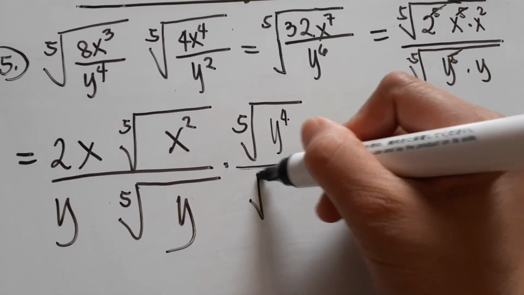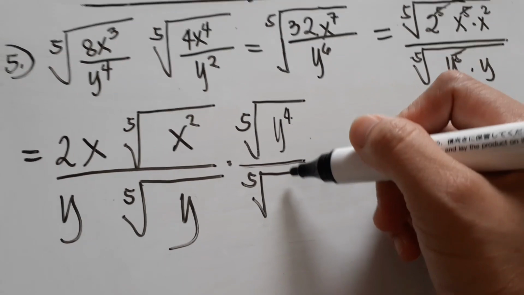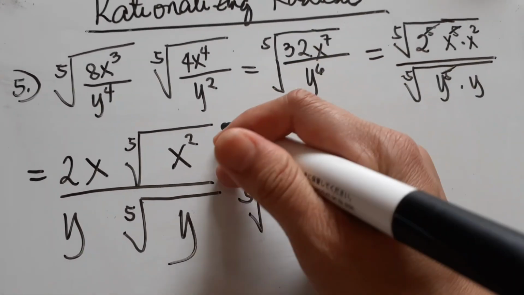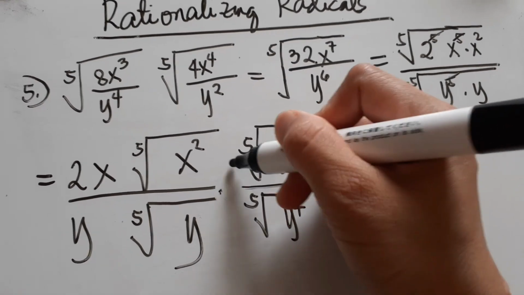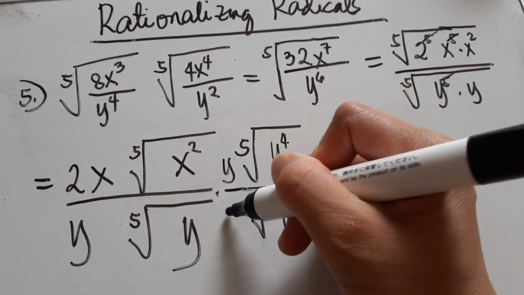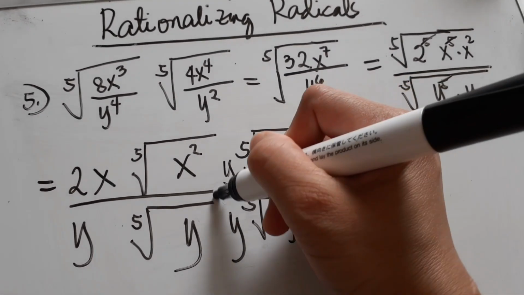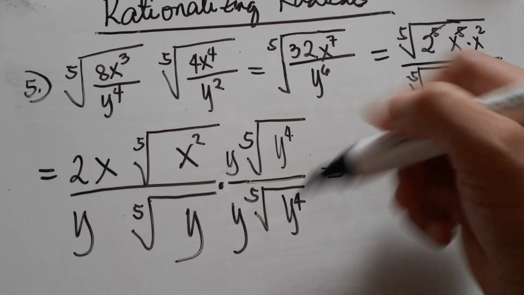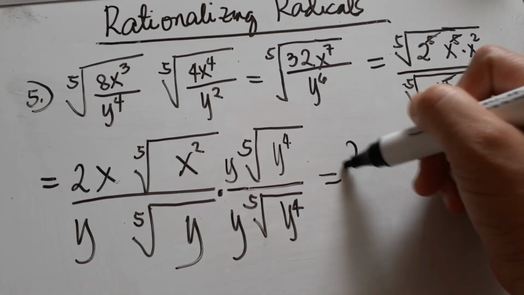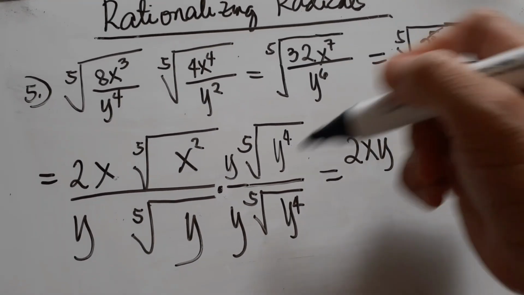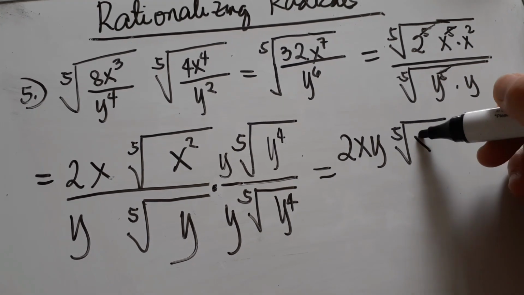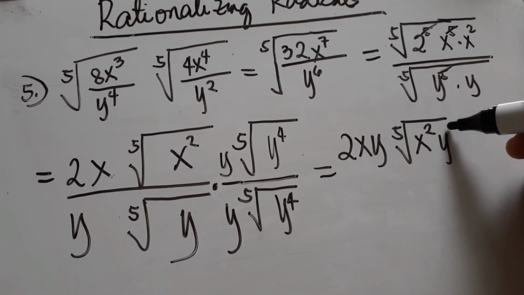Since our n is 5 minus 1, because the exponent of y is 1, so 5 minus 1 is 4. We multiply its numerator and denominator by the fifth root of y to the 4th. Then we multiply its numerator by 2x times y, which is 2xy.